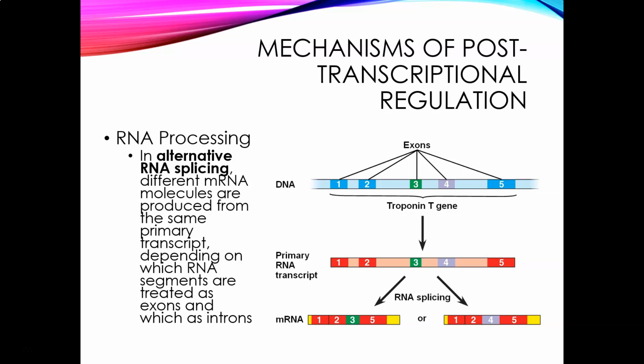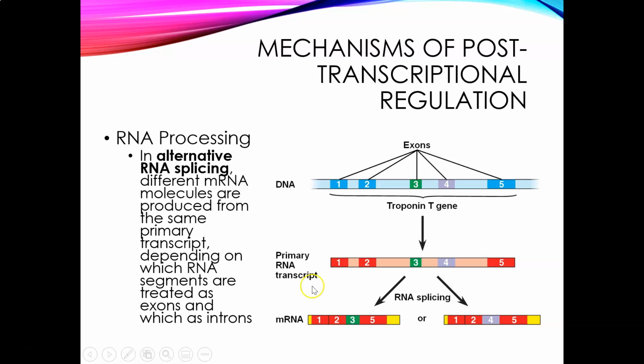And that's what we're looking at here. So in this particular example, this troponin T gene, I've got 5 different exons within that RNA coding region. 1, 2, and 5 are required for the protein's function, but 3 and 4 can be spliced in alternatively and make slightly different proteins at the end of the process.